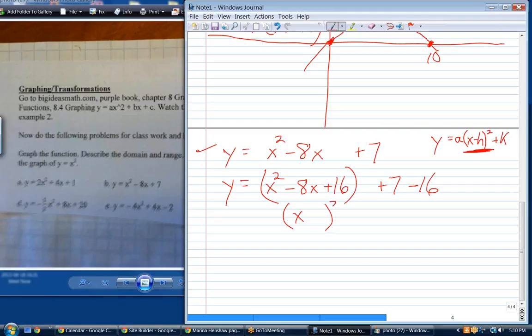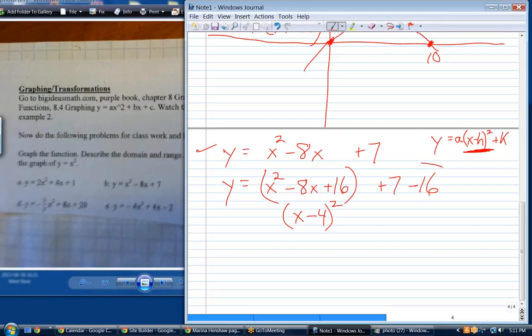It's x minus 4. It's always that number that you got when you divided that by 2. So you don't have to go back and factor it. Just remember what number it was that you took half of and use that, or the square root of the constant that you added. Either way gets you this.